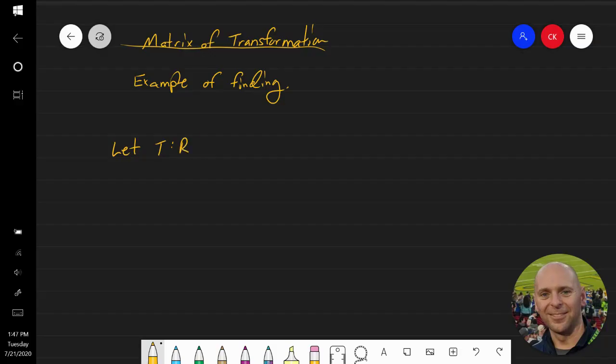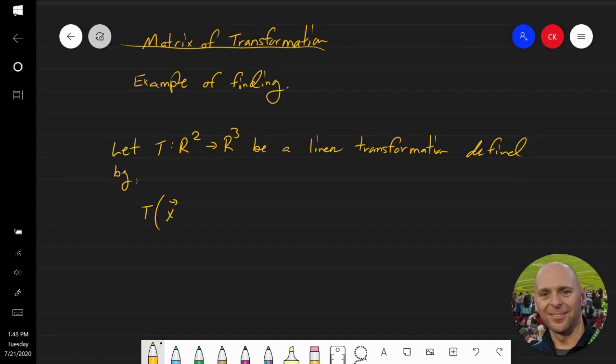It's going to map from R2 into R3, and it will be a linear transformation defined by T of x being equal to x1 plus 2x2, minus x1 plus x2, and 2x1 minus x2.